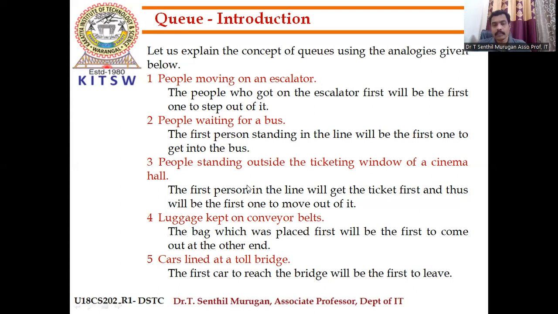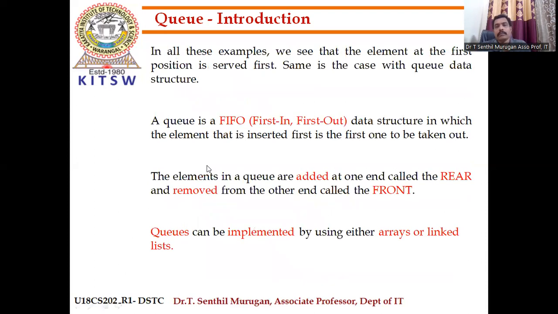Which bag was placed first, that will come out first. For example, cars lined at a toll bridge. Who is coming first, he will go out first. So these are some examples of queue. Same concept we will implement in the data structure also as a queue concept.